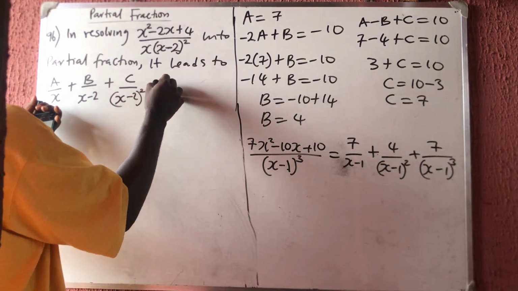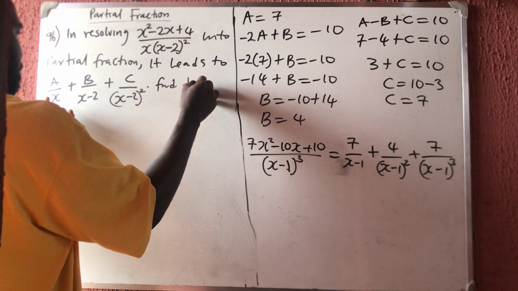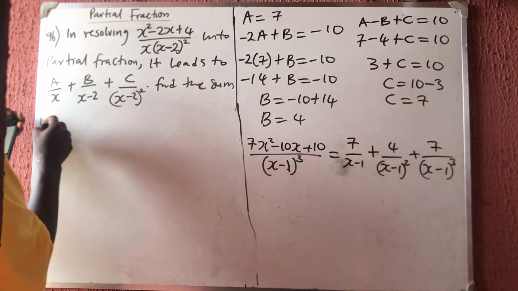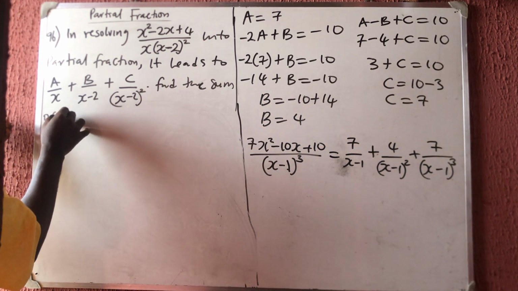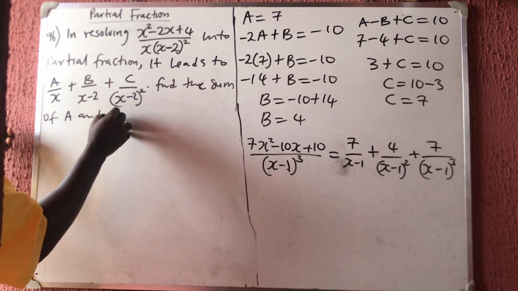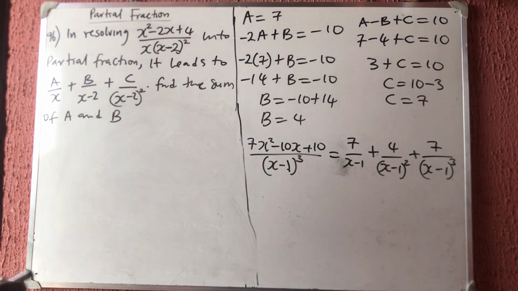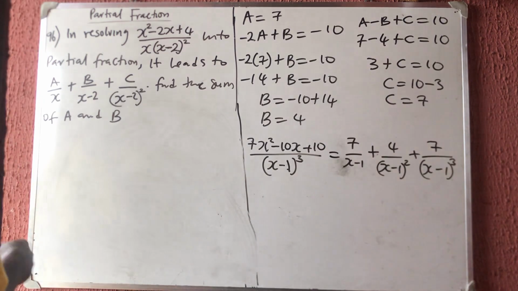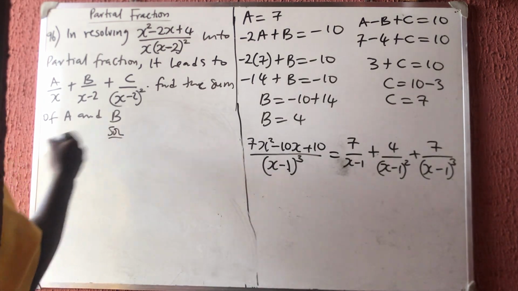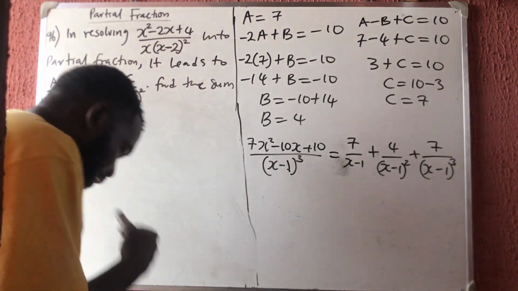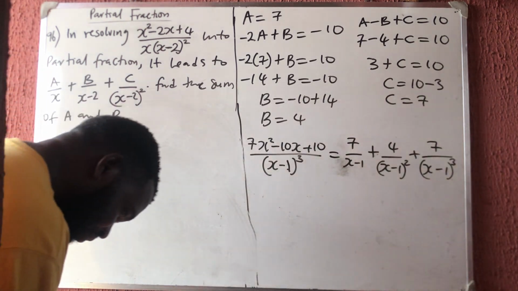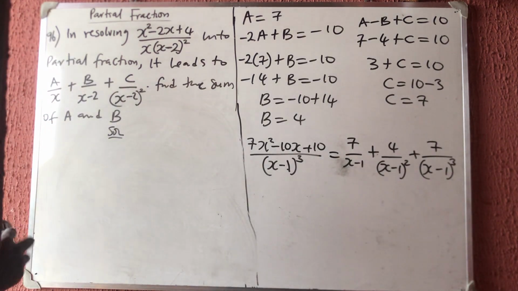Then I say find the sum of a and b. All right, so solution, what do we do? The normal method of solving partial fraction is what we are going to use.